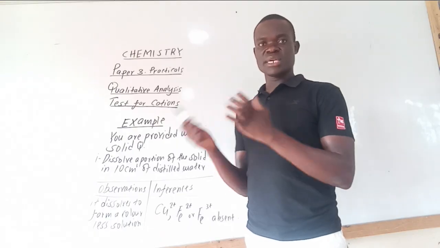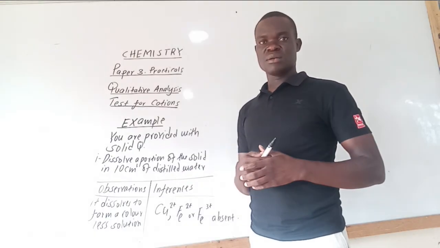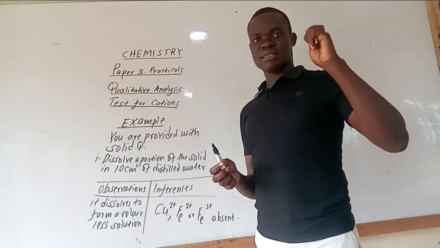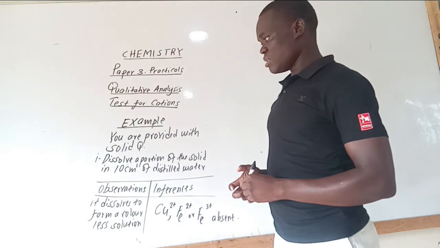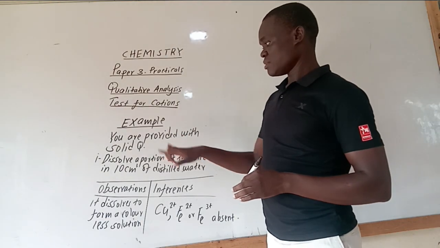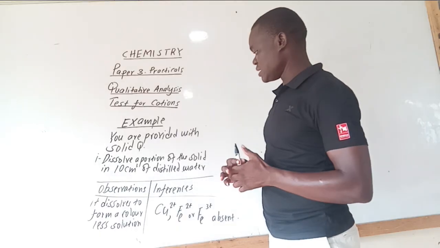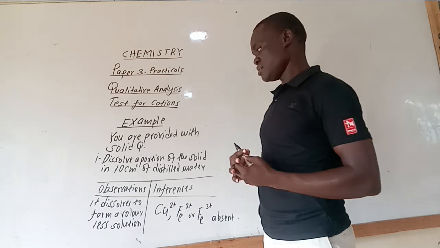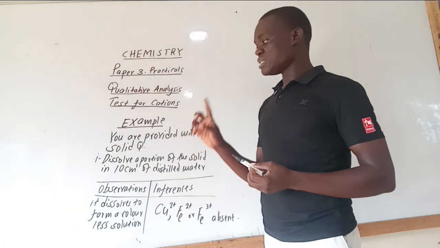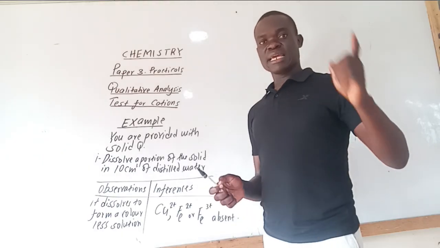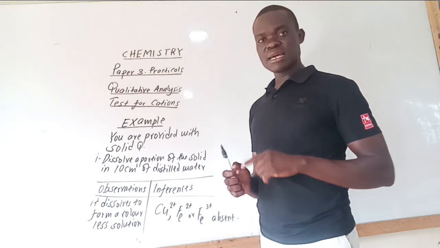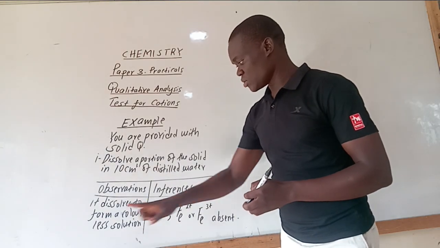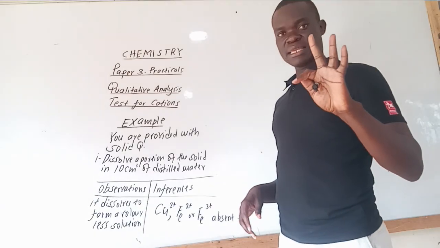For example, when I'm given solid Q to dissolve in distilled water, I'm expecting it to dissolve to form either a colorless solution or a colored solution.